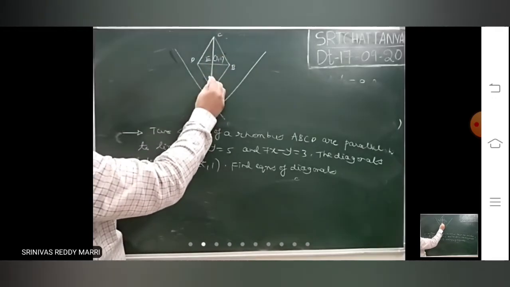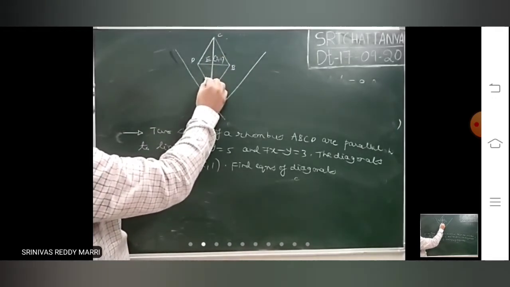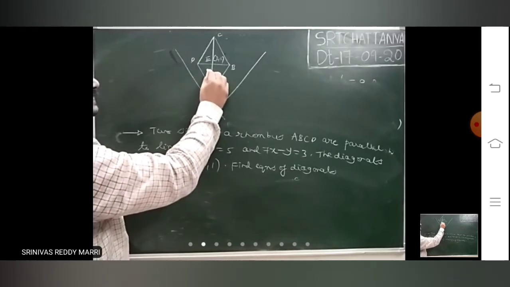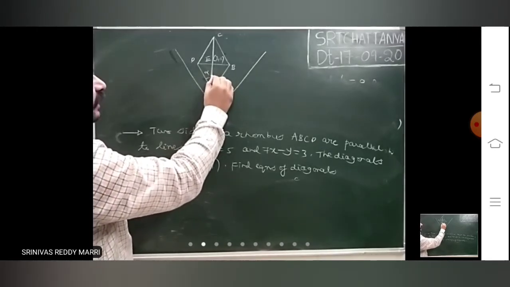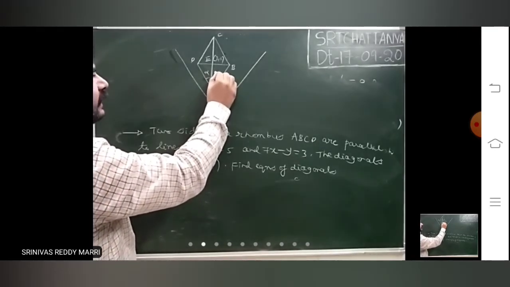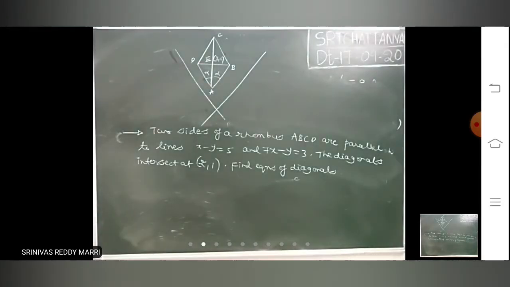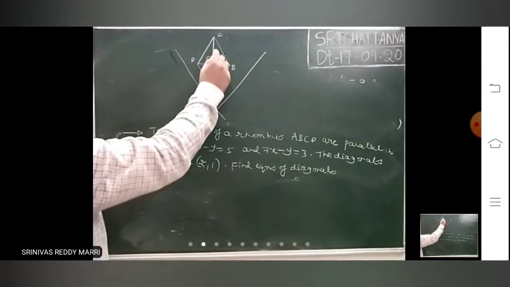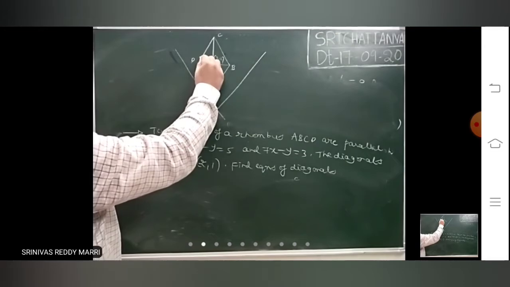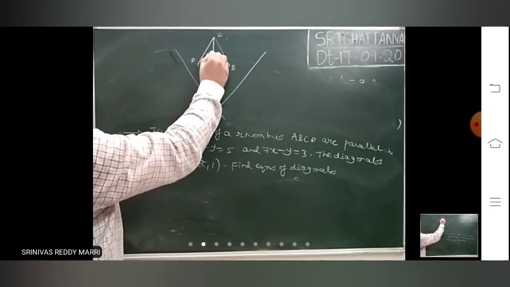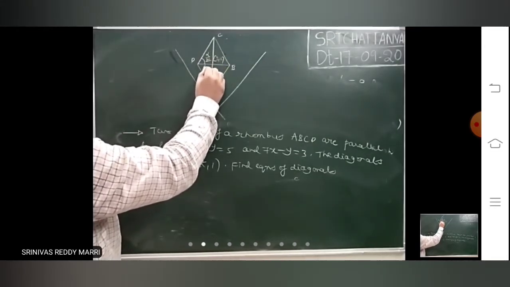This diagonal makes equal angles, this is alpha, with AB and AD. The other diagonal makes equal angles with CD and AD.